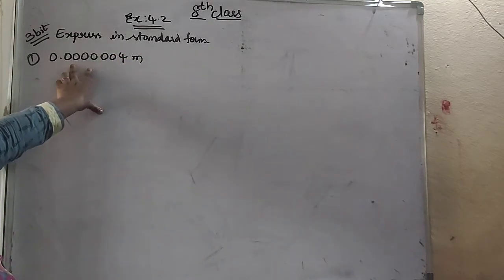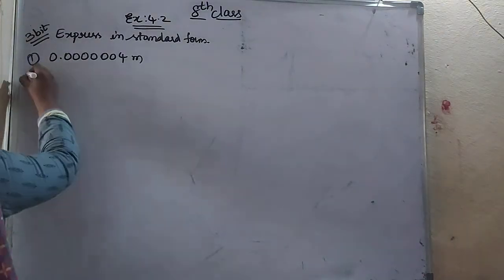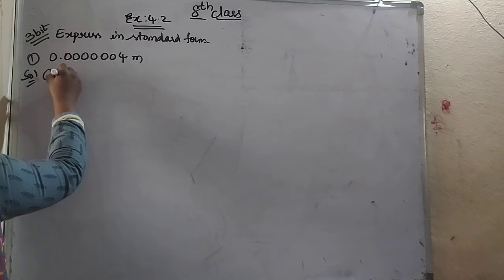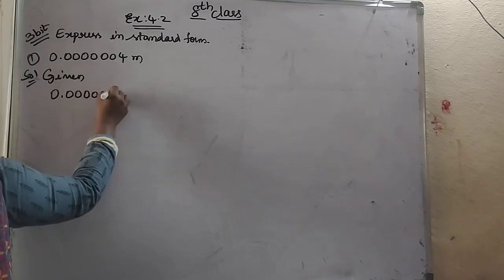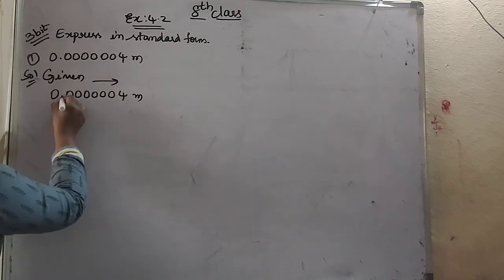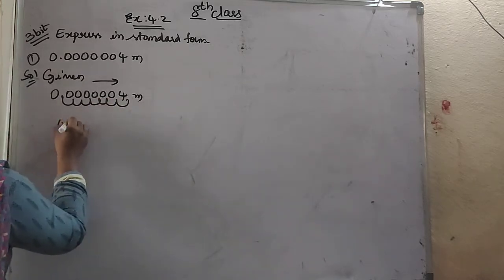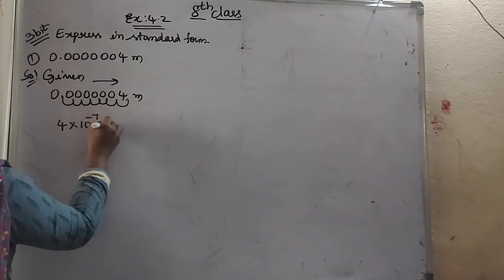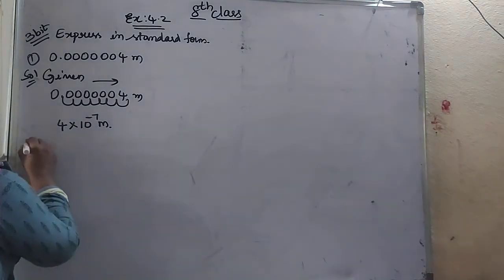This is a smaller number because we are seeing a point. We have to convert into standard form. Which side do we move? We have to move to the right side because it is a smaller number. Moving right 1, 2, 3, 4, 5, 6, 7, that will be 4 into 10 power minus 7 meters. So this is our first one.